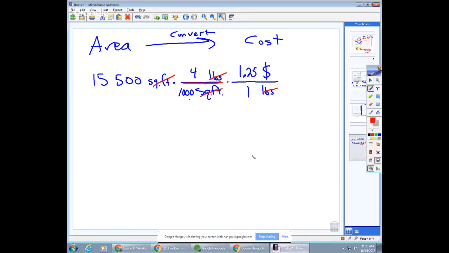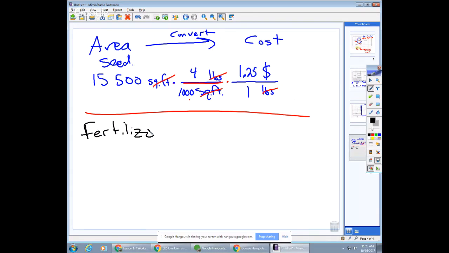So this was for grass seed up there. As far as fertilizer goes, we're still going to start with our same area, right? 15,500 square feet.